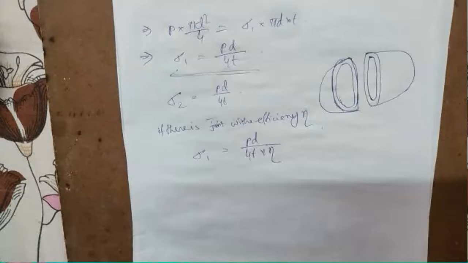That is called wire winding of the cylindrical pressure vessels. Wire winding is done to increase the strength of the pressure vessels, and that we will study if it is done in the other section, otherwise not.